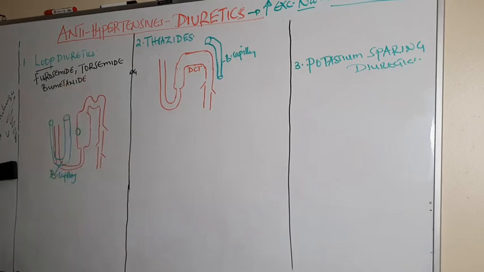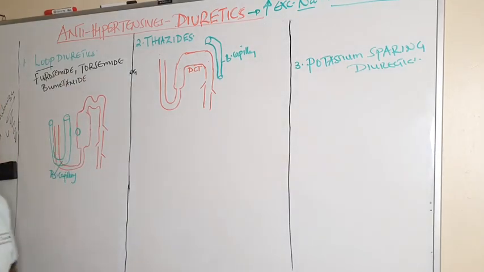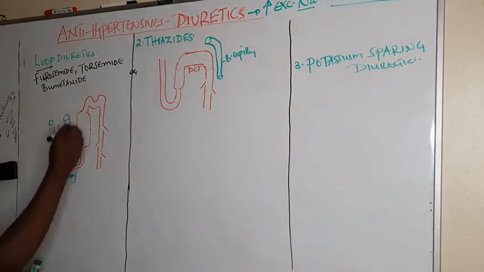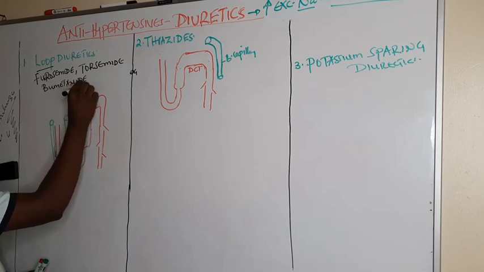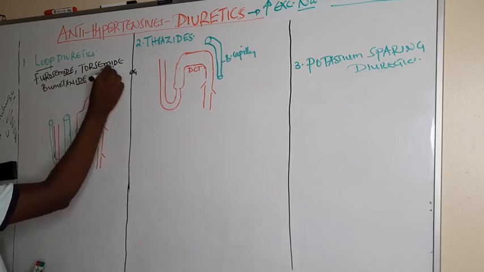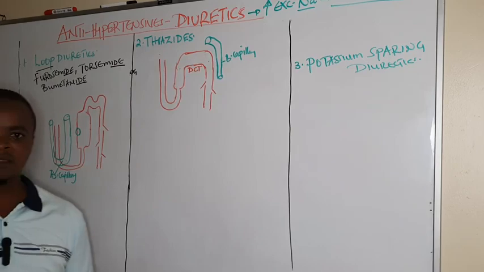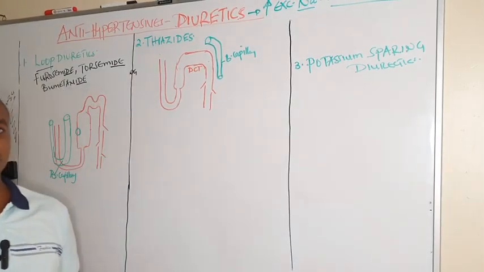So furosemide, torsemide, and bumetanide are the examples. Those which end with the suffix -ide are loop diuretics.